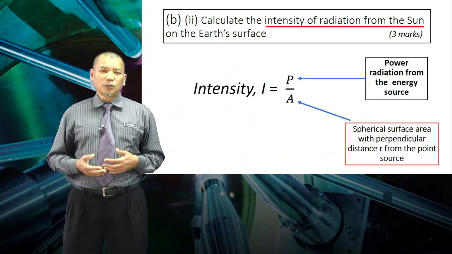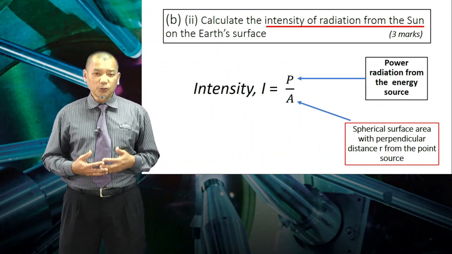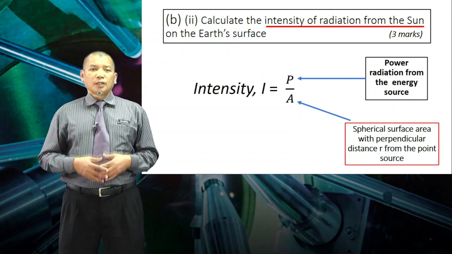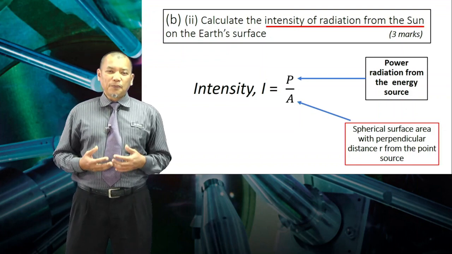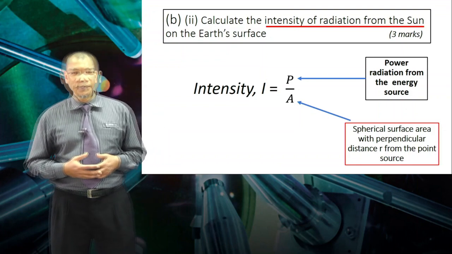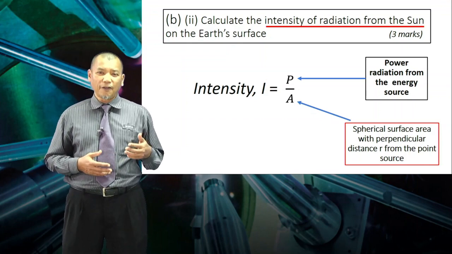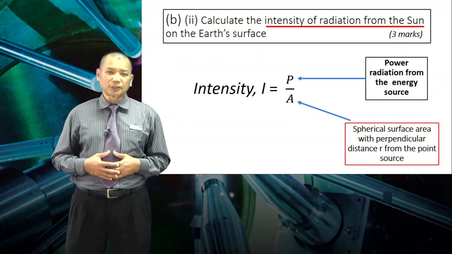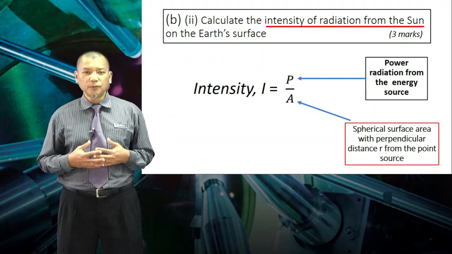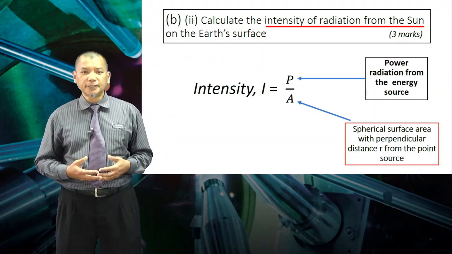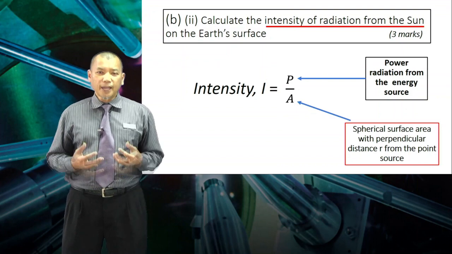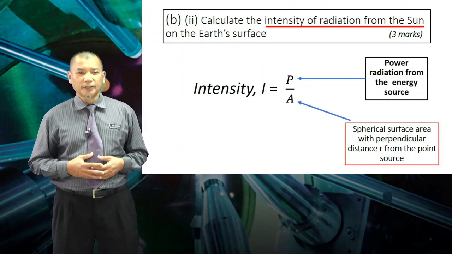Now, we turn to the next question, B2. Question number 20, B2: calculate the intensity of radiation from the Sun on the Earth's surface. 3 marks. Underline the main word, intensity. What is intensity?